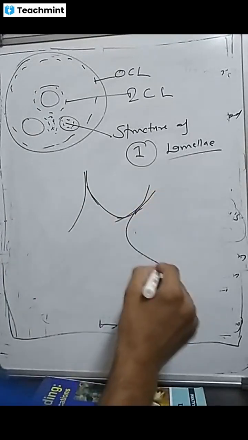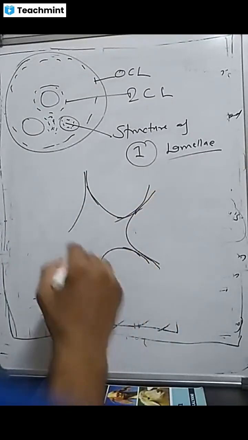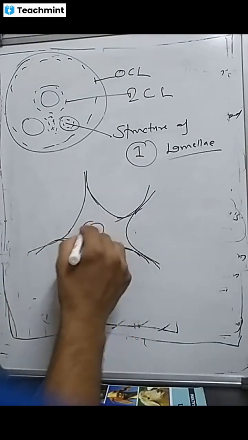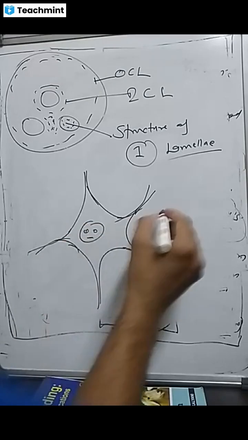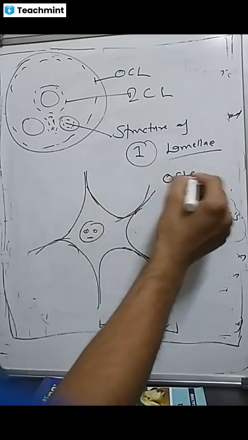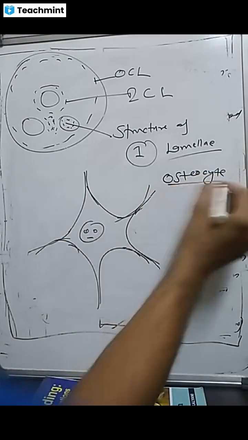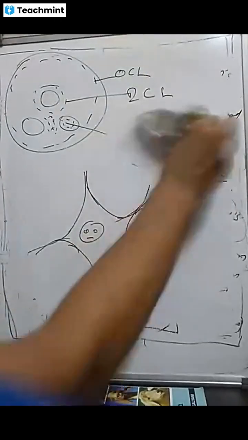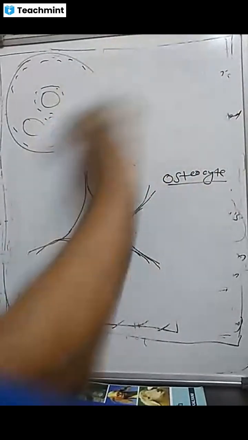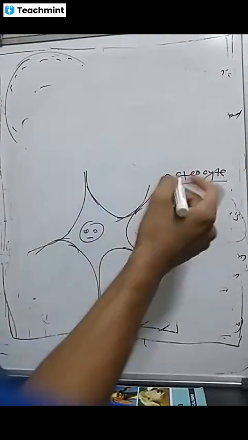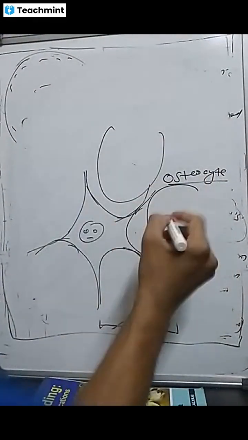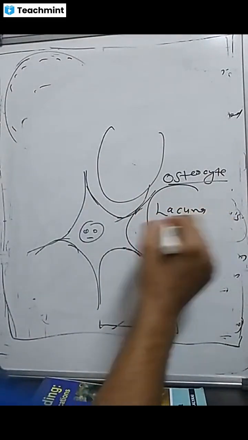Inside this, what is present is the osteocyte, that is the bone cell. The good thing about the cell is it is present in a lacuna, an empty space.